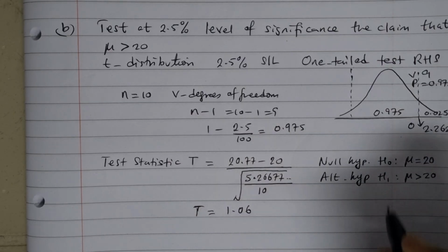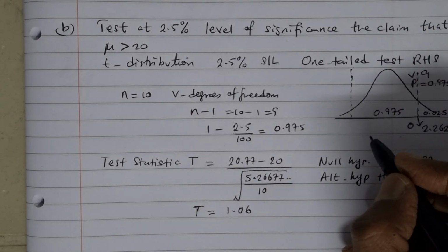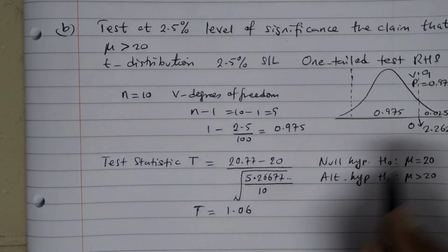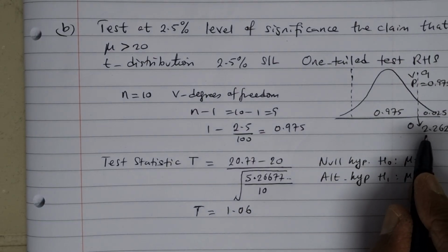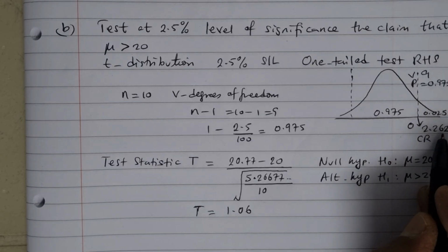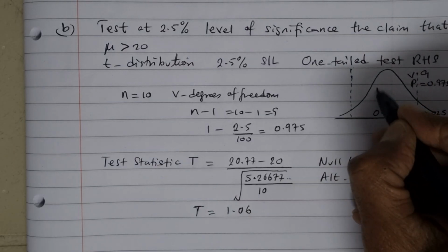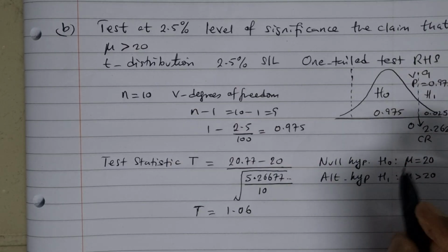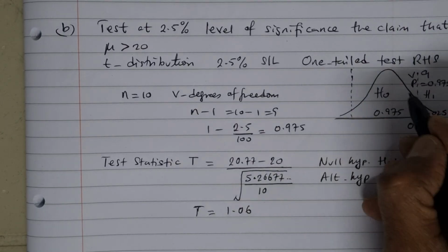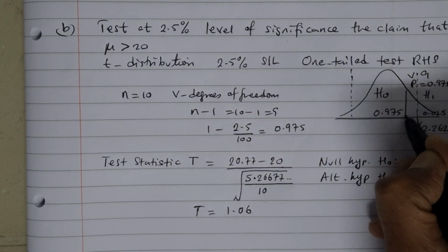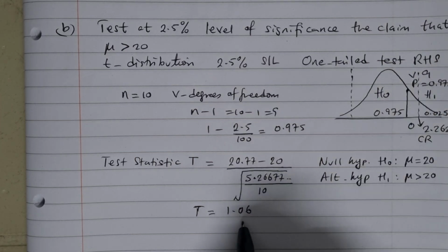Now we need to look at the test statistic and see where it falls. Now 1.06, and our critical value here is 2.262. So the 1.06 is going to fall somewhere here, so it is outside the critical region.